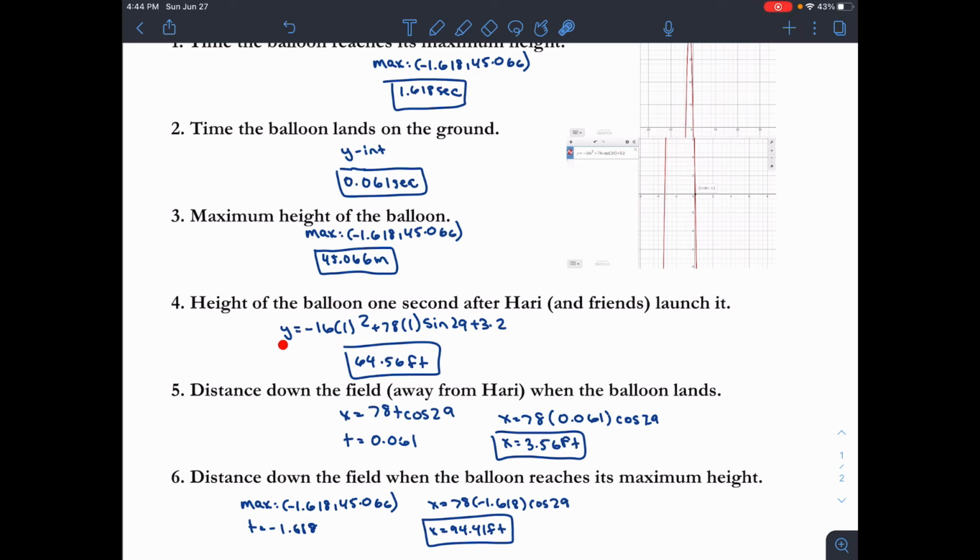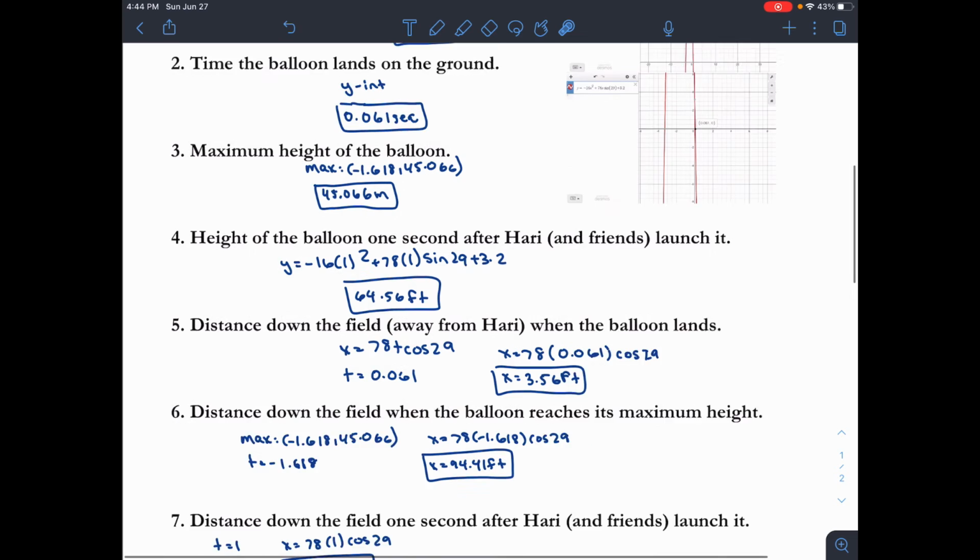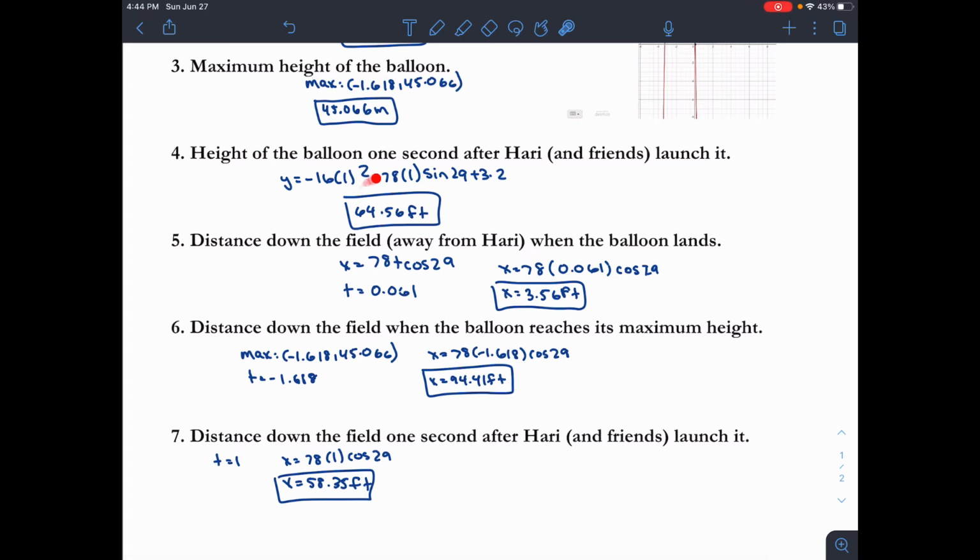So we get y equals negative 16 times 1 squared plus 78 times 1 times sine 29 plus 3.2. When we put this in the calculator, we got y equals 64.56, so that would be our height after 1 second in feet.